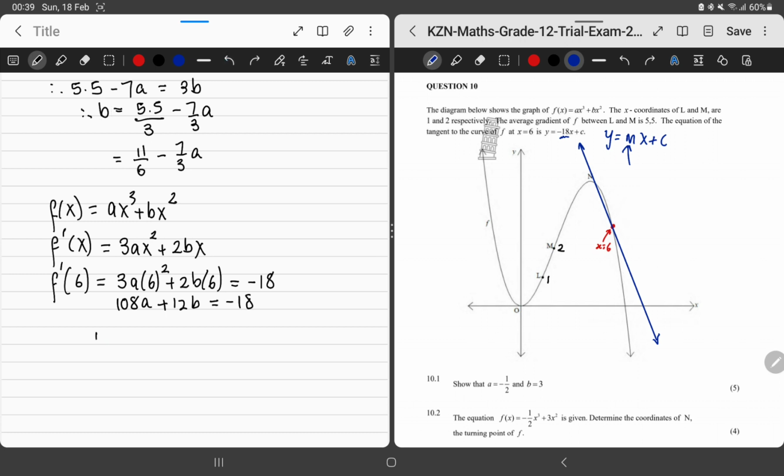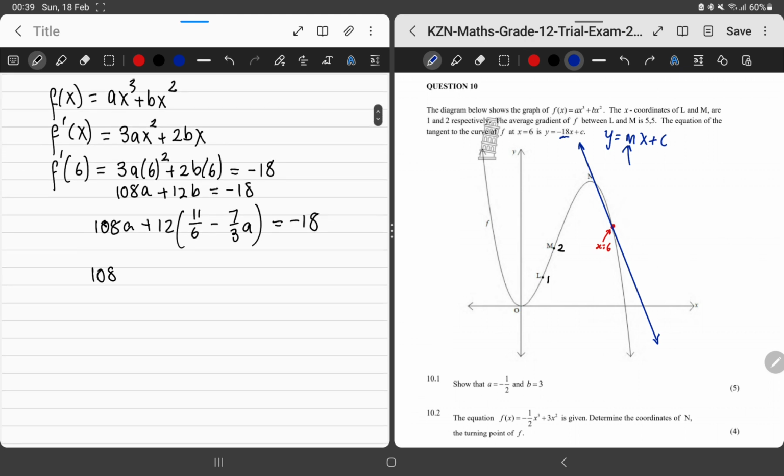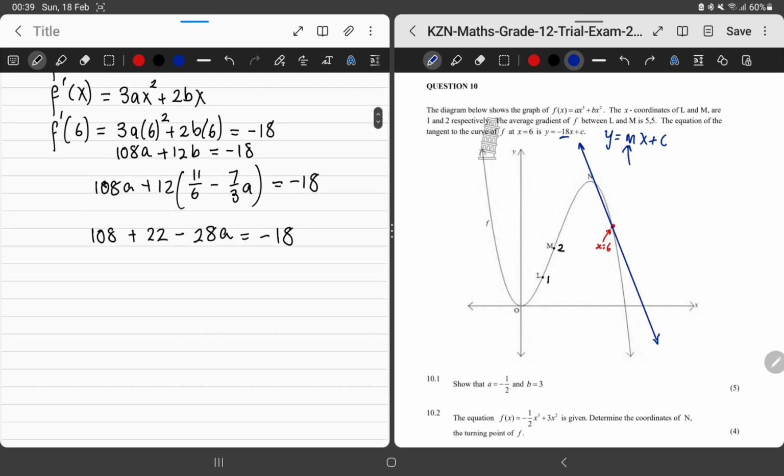So I'm just going to substitute. 108a plus 12, my b is 11 over 6 minus 7 over 3a, which is equal to negative 18. 108 plus 12 times 11 over 6, that is 22, minus 12 times negative 7 over 3, that's minus 28a, minus 18.